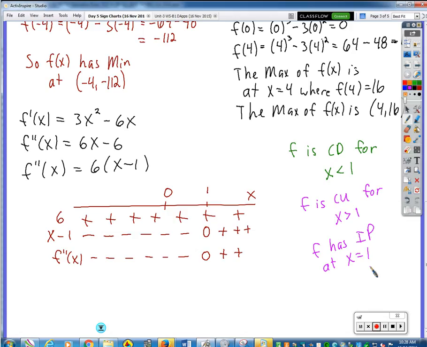Question. Okay, so what will happen on test 3 is you will not be given one function and asked to answer 10 questions. You'll be given 10 different questions for 10 different functions.